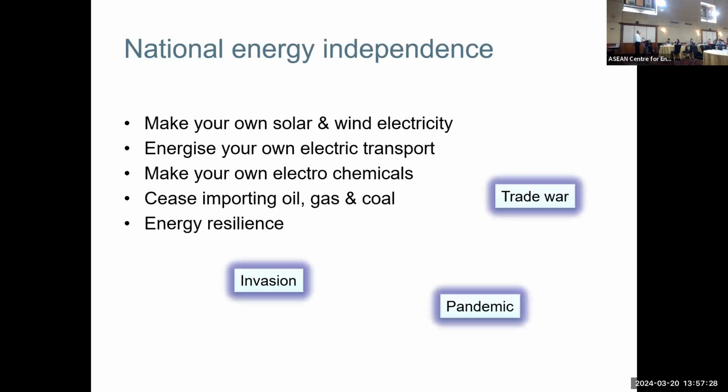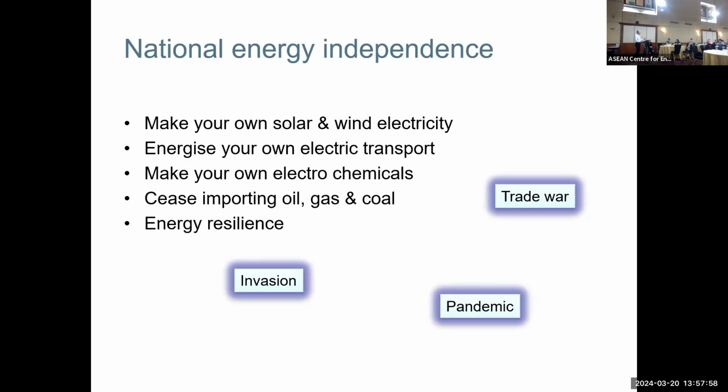And finally, I come to something that we haven't talked about much, and that's national energy resilience. We all learned a lot from the Russian invasion of Ukraine, where the Russians were able to destroy the Ukrainian electricity system remarkably easily because they had just a few nuclear and coal power stations. And we also learned a lot from the COVID pandemic, where trade was heavily disrupted almost overnight.